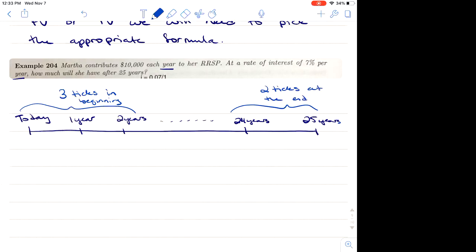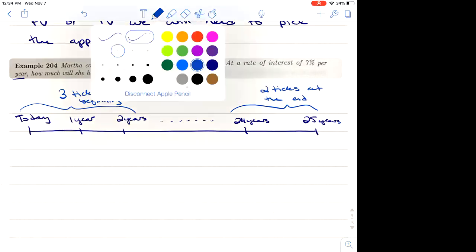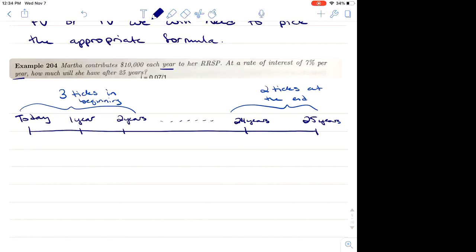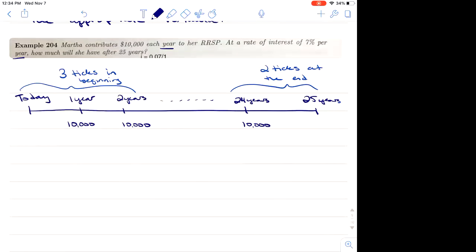Time ticks. And then dot, dot, dot in the middle. So we can put our amounts, right? So every year she puts in 10,000. So 10,000 here, here, here, and finally at the 25th year, the last 10,000.